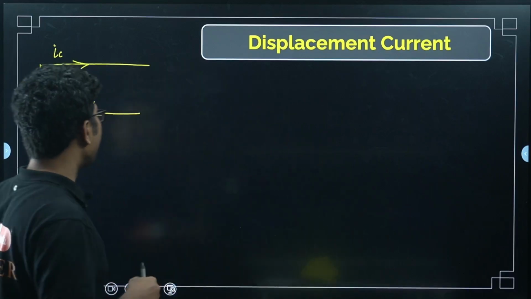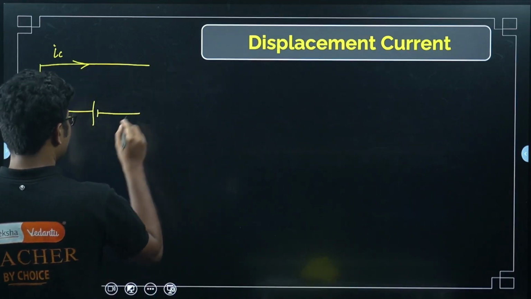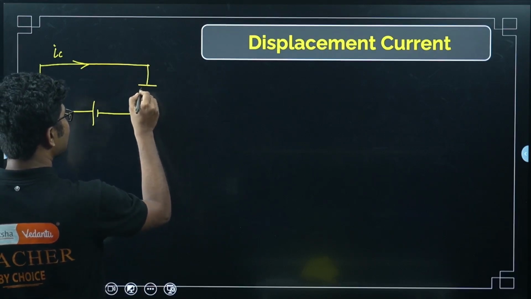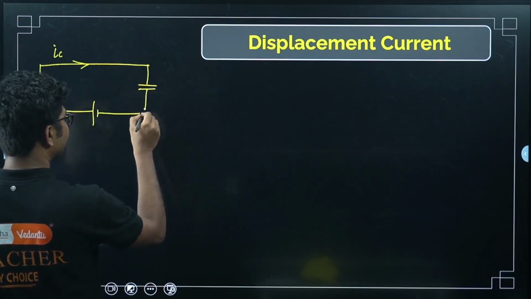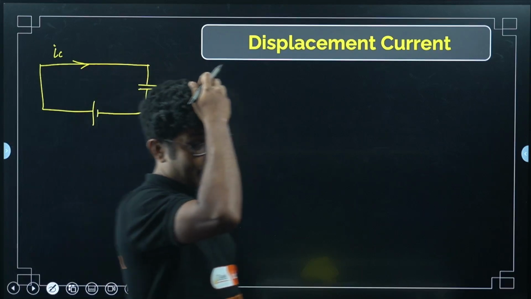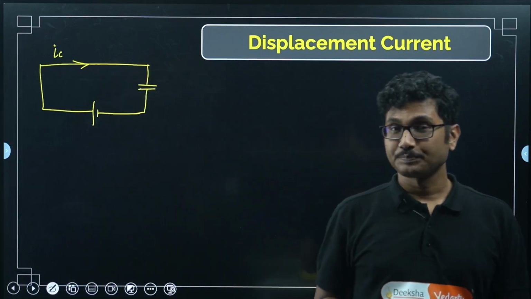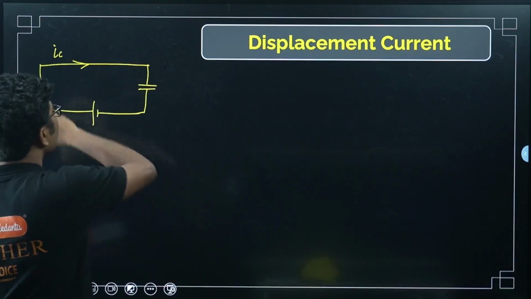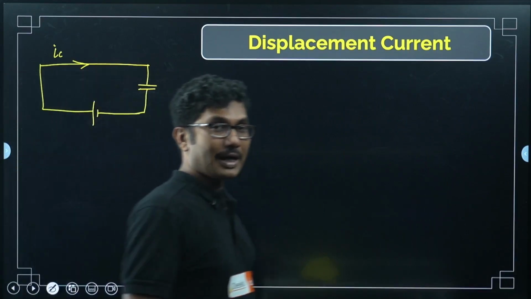Now what will happen if I connect a parallel plate capacitor? Suppose I connect a parallel plate capacitor here. Now the parallel plate capacitor has an air gap between the plates, right? So ideally this is a gap, so current should not be flowing in this part.